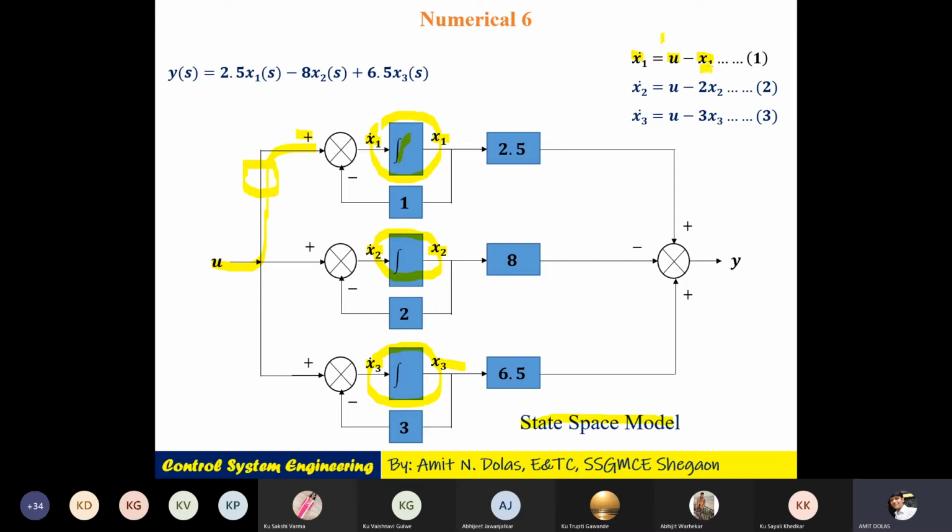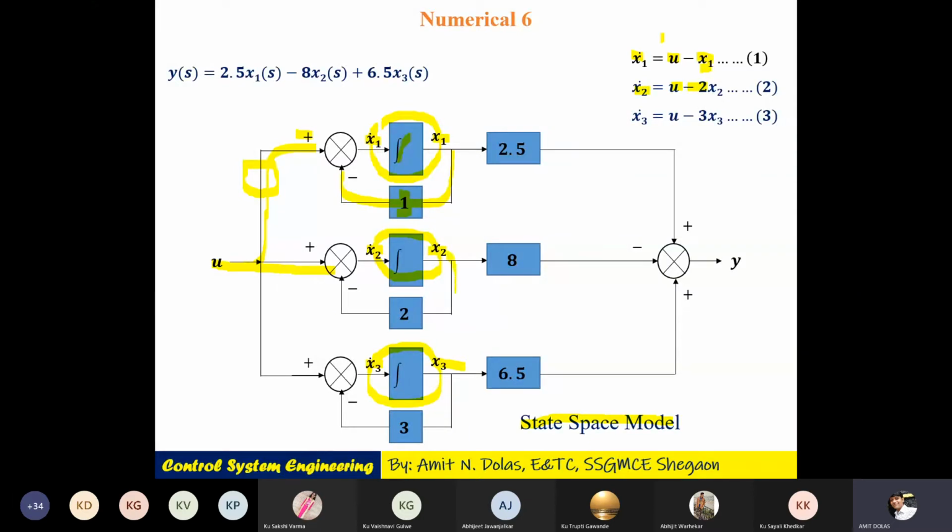And again x1 comes out with minus 1, so from x1 there is a gain of 1 and a minus sign. Again, if you omit this 1, no worry. Unity gain: if there is a single line, that means it is unity. Then in the second equation you again have direct u. So direct u with plus sign is connected to the x2 dot summer, and the coefficient of x2 is minus 2.